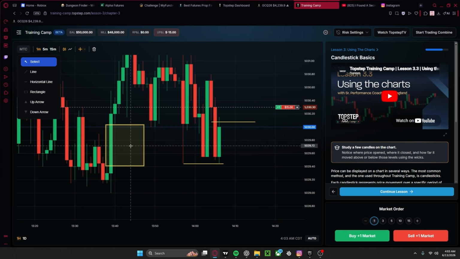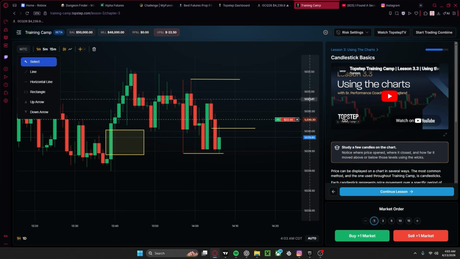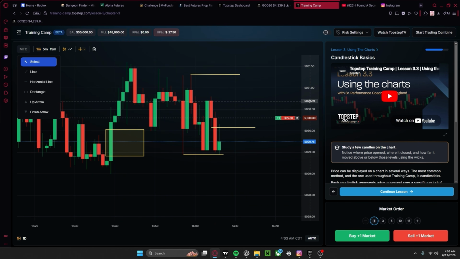Okay, but question. Why is it retouching this fair value gap so much? Is the fair value gap invalid? I'm kind of confused here. Okay.